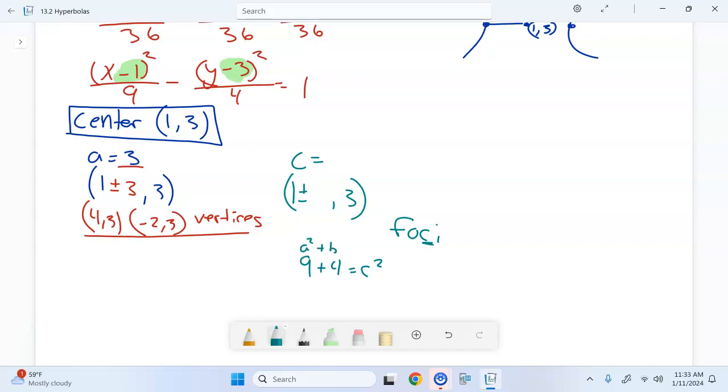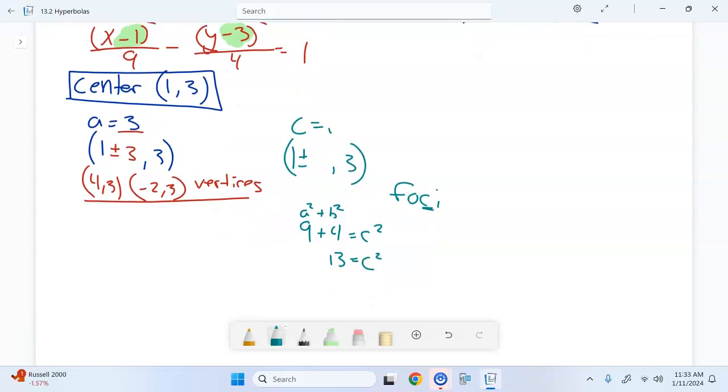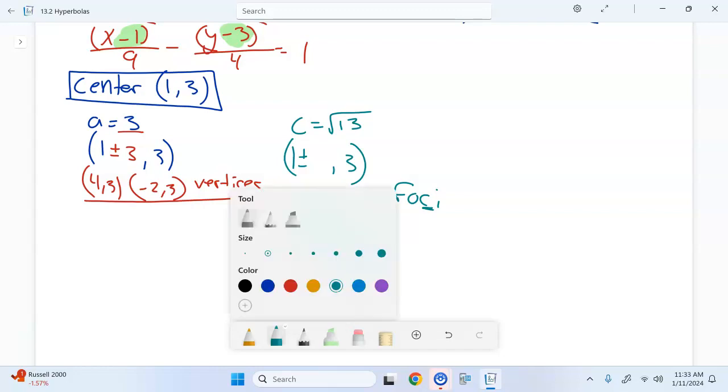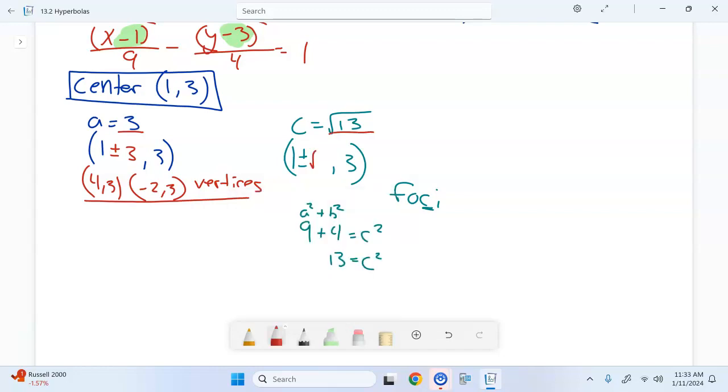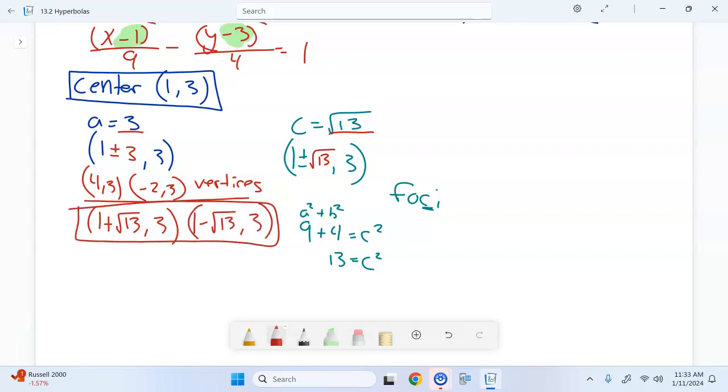That's a squared plus b squared equals c squared. So we get 13 equals c squared. So c is the square root of 13. So we add and subtract the square root of 13 from 3. And there's our foci. And we got it.